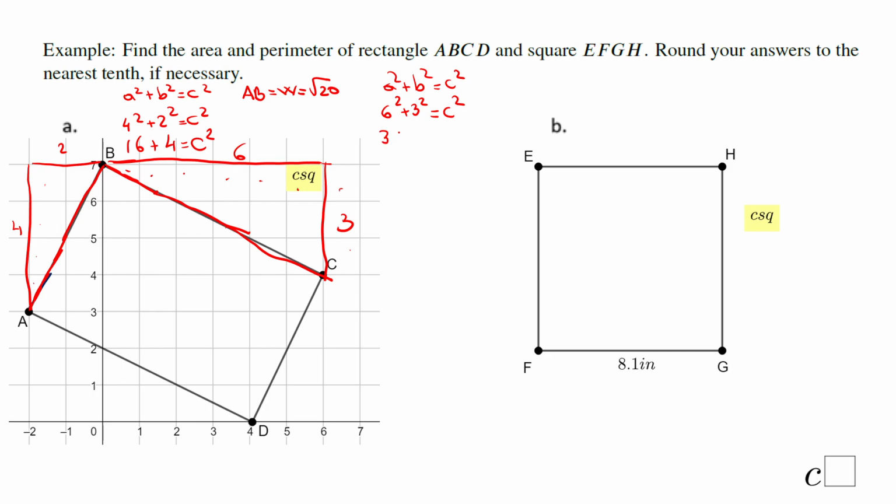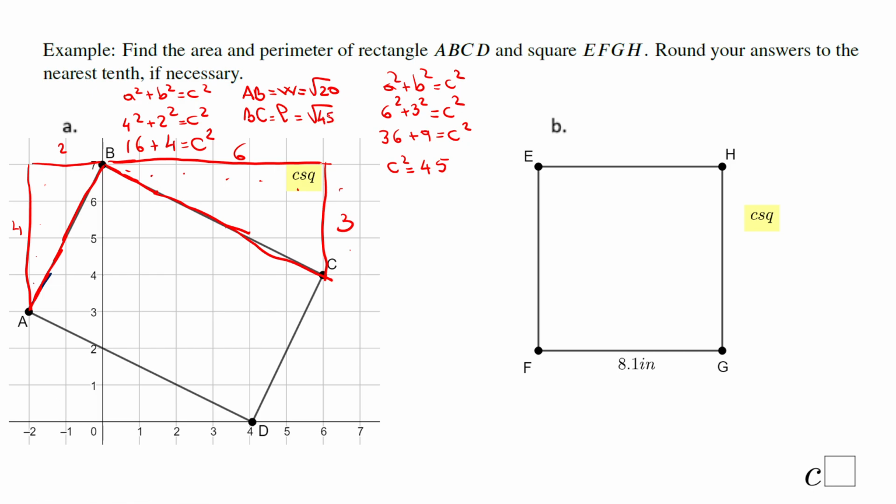So we have 36 plus 9 equals c squared, and c squared will be 45, which means in this case that BC, which is the length, is square root of 45. So now we have everything we need to find the perimeter and the area.